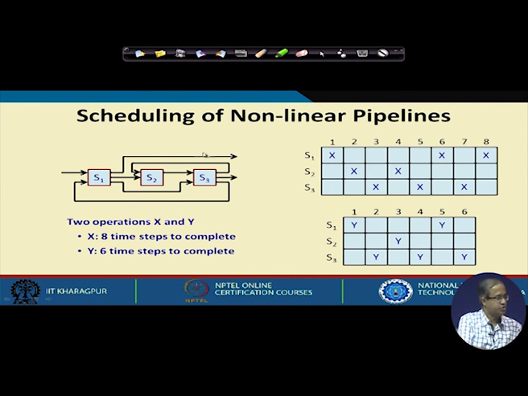And here we are assuming that not only is the pipeline nonlinear, in the sense that there can be data flow from S3 to S1, S1 to S3 and so on, but it is also a multifunction pipeline, which means we have the same pipeline which can either compute a function x or compute a function y.